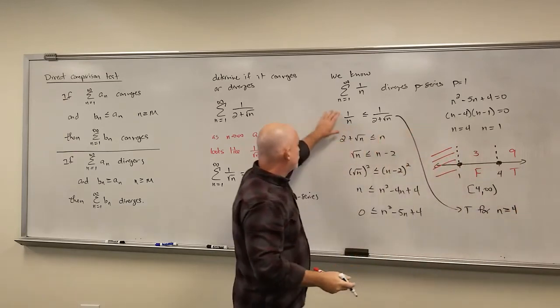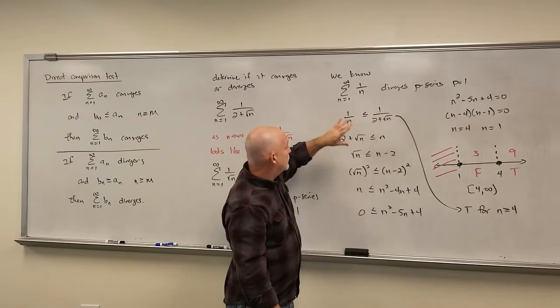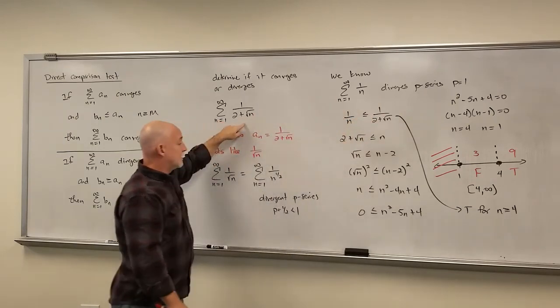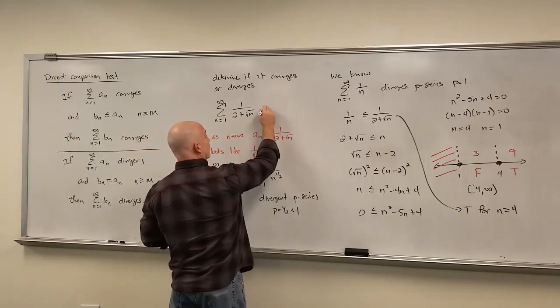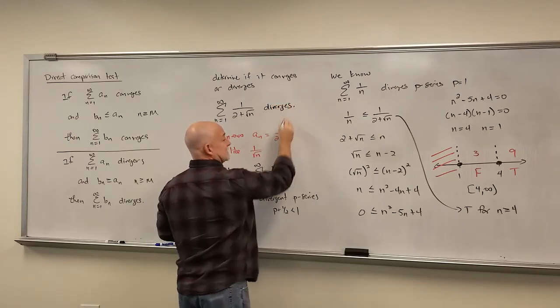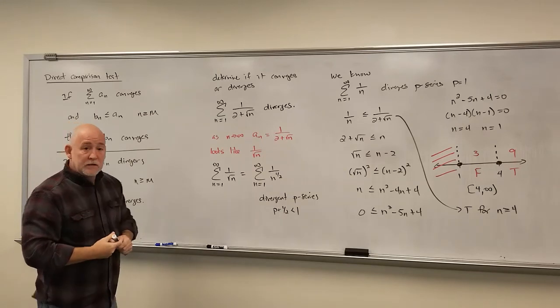Now since that's true, what can we say? We can say since our terms are bigger than divergent terms, that our original series here has to diverge. So just for room's sake, we can now say that this diverges. Okay, this is the direct comparison test.